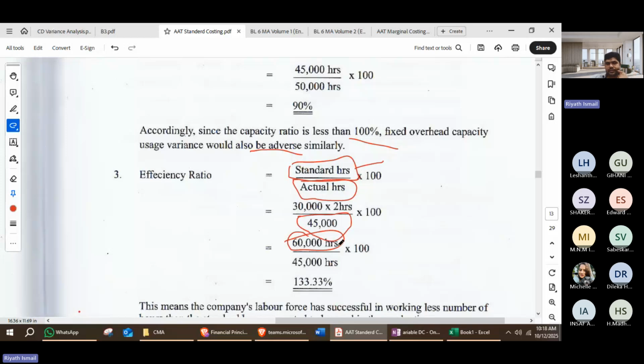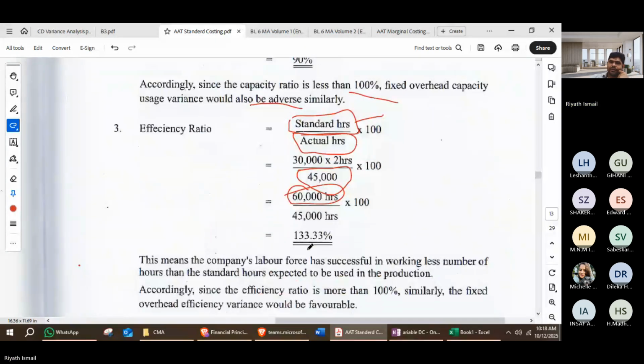So adverse or favorable? It's favorable, right? Why? To produce certain units, they allocated 60,000 hours, but they did the same within 45,000 hours. 15,000 hours saved.